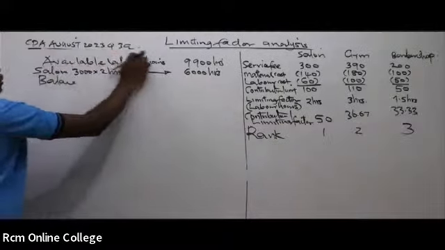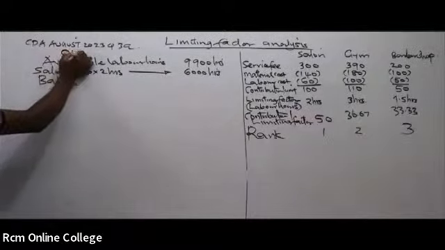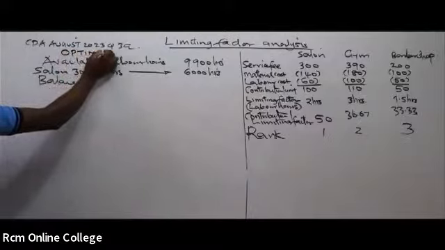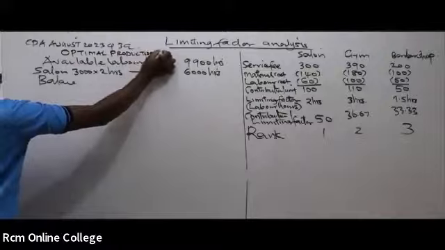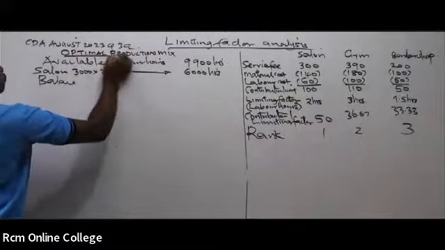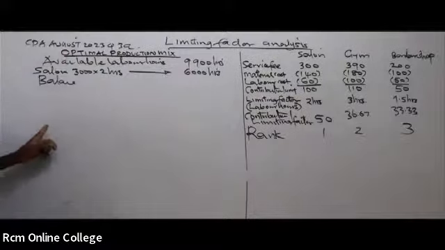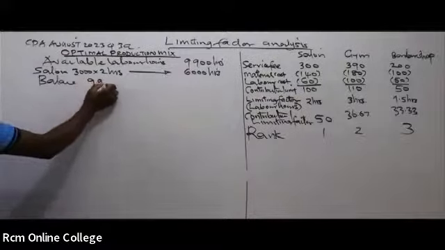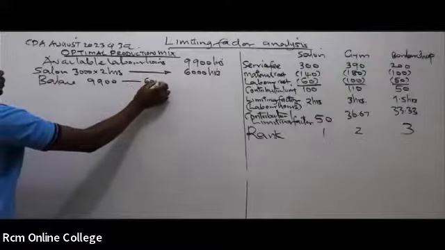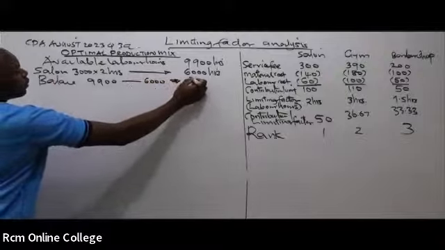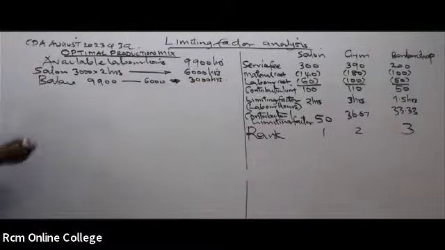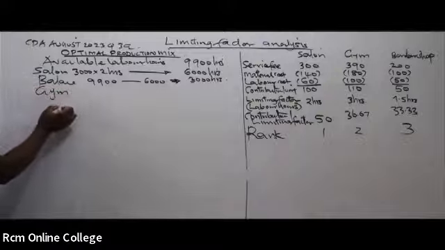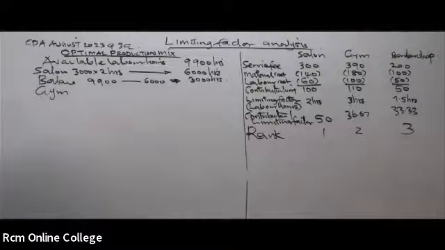What we are doing here is called optimal production mix. What is the balance? The balance is 9,900 minus what we have used of 6,000, which gives us 3,000 hours. Let's go to number 2, which is gym. How many clients were to be served in the gym? Only 1,000.